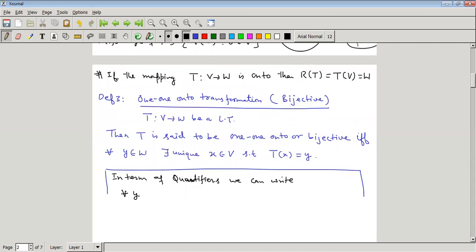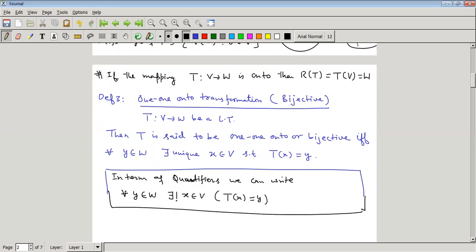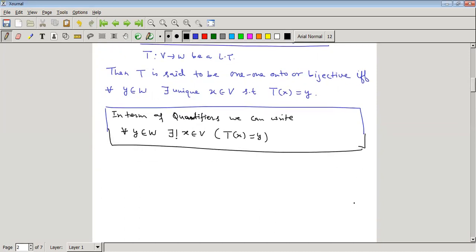given any y in W, there exists a unique x in V such that T of x is equal to y. There is a symbol for uniqueness. This is how we can say the transformation is a bijective transformation.